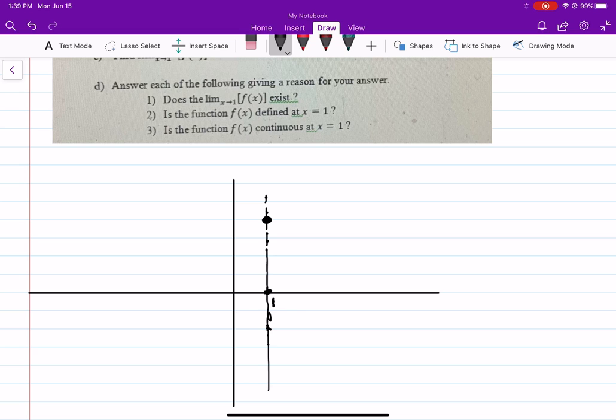When x is 0, y is minus 2. So that would be here somewhere. And I have a straight line passing through those 2 points.